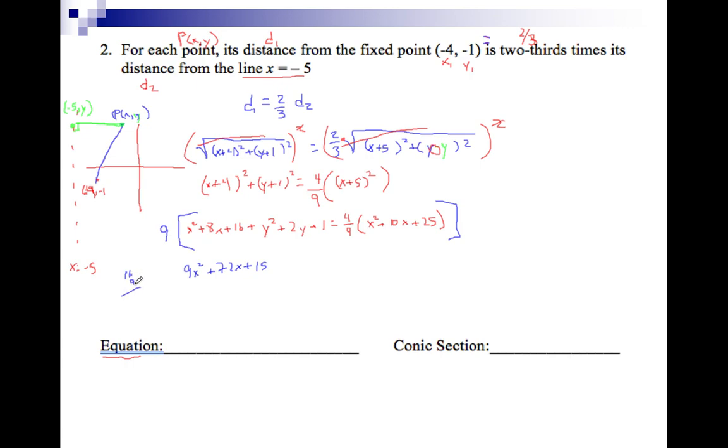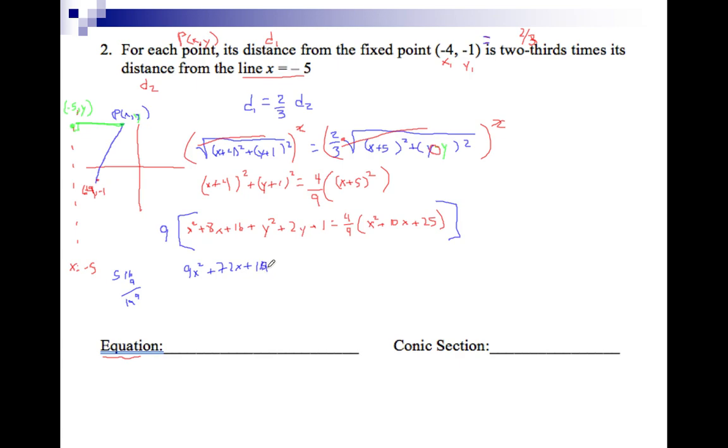Doubting myself here. 9 times 6, 54. 9 times 16 is 144, right? Am I doing that right? Oh, I have it in my notes as a different number because I already combined it. That's what was throwing me, okay.